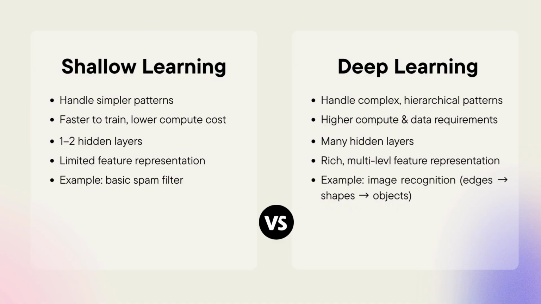The trade off is significant. Deep networks require large data sets, powerful hardware, and longer training times. Still, they enable breakthroughs in fields like image recognition, speech processing, and natural language understanding. Capabilities that shallow models cannot match.